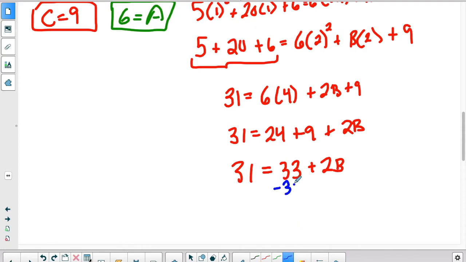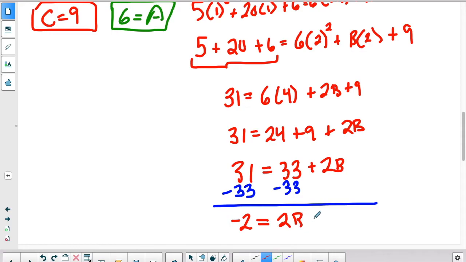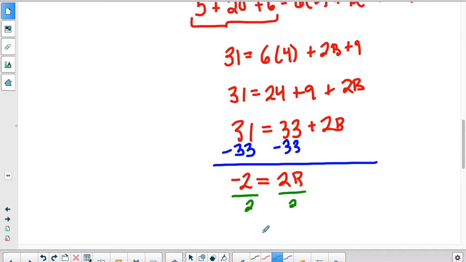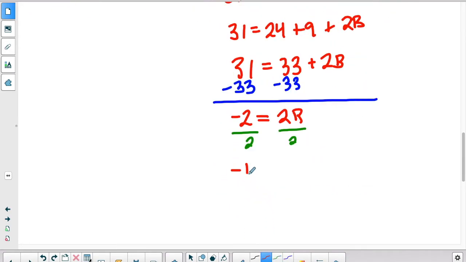Now at this point here, we're going to subtract 33 from both sides. And when we subtract 33 from both sides, we get negative 2 is equal to 2b. And last but not least, we're going to divide both sides by 2, telling me that negative 1 is equal to b.